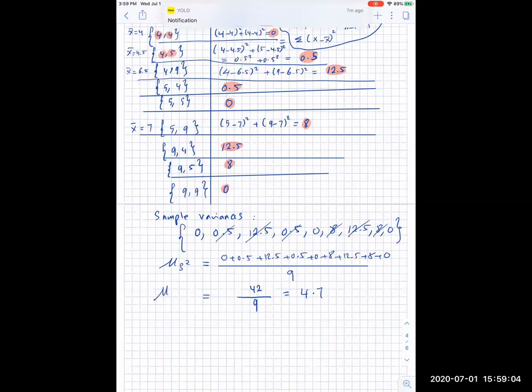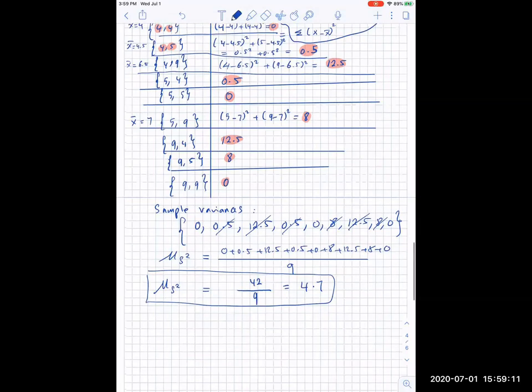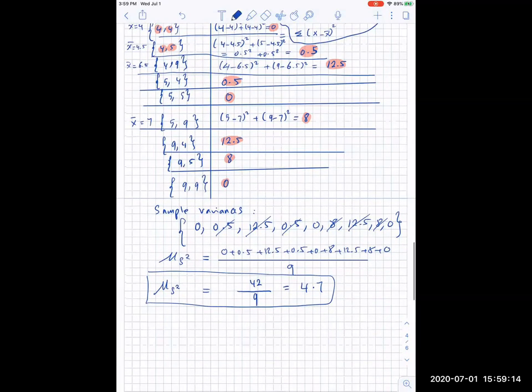This is the average of all sample variances. Okay.